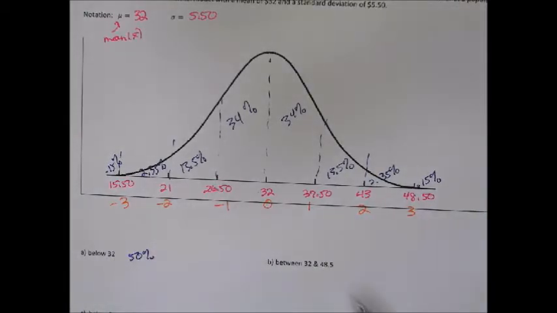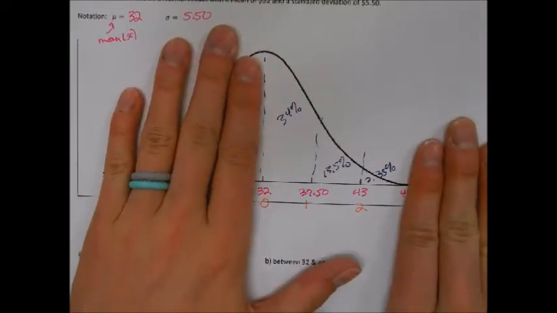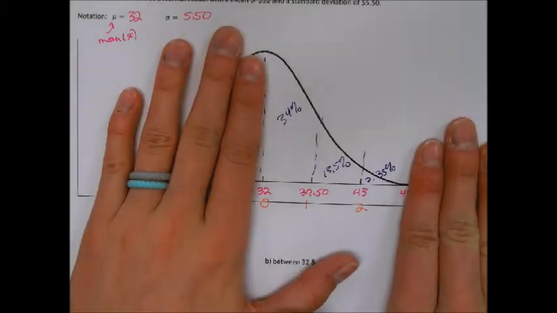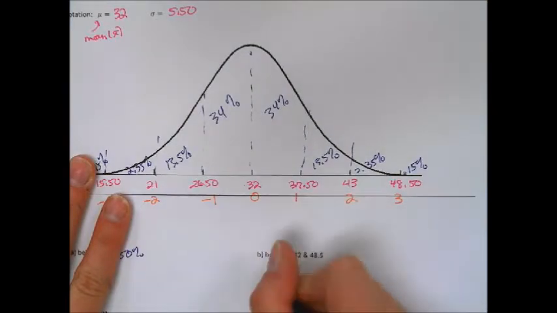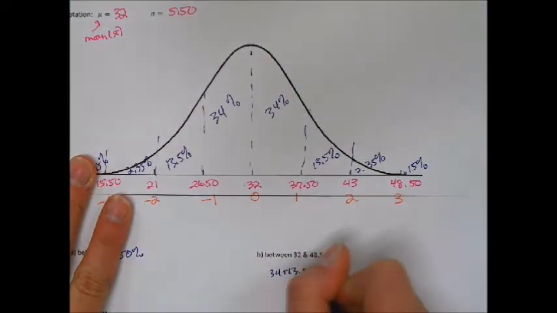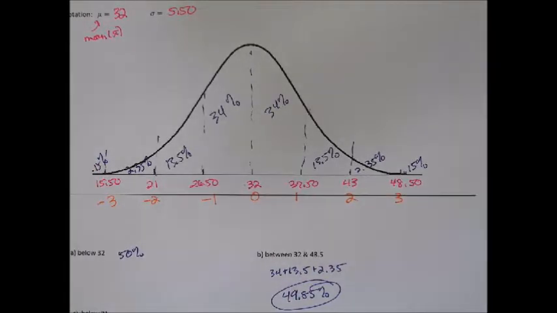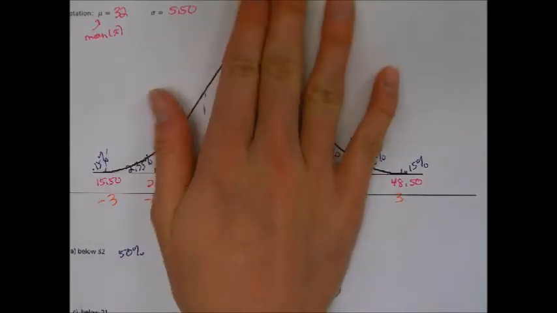Between 32 and 48.5. So we can add up those three numbers. 34 plus 13.5 plus 2.35, and we should get 49.85%. Below 21, there's 21.